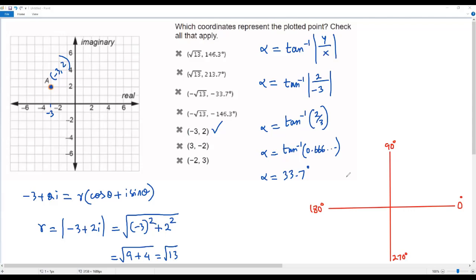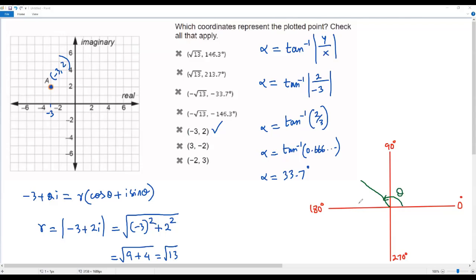Okay, here we have 4 quadrants. According to the plotted point, the angle measure theta has to be in the second quadrant. So let me draw the terminal side of the angle measure theta. Here, this is the terminal side of the angle measure theta.